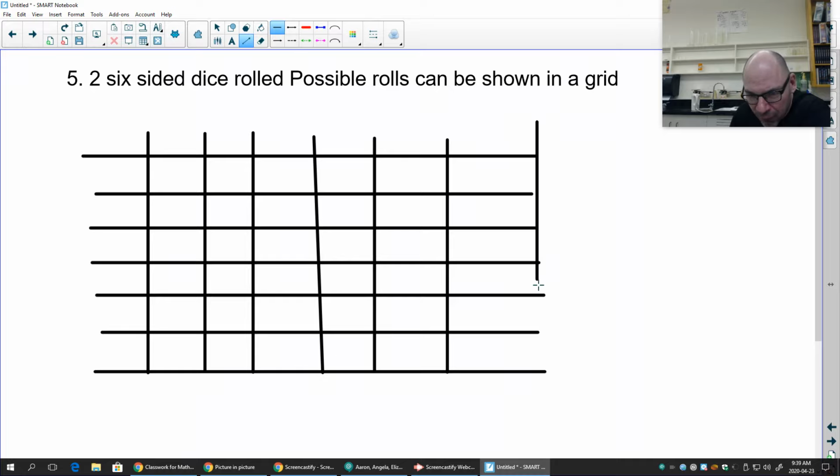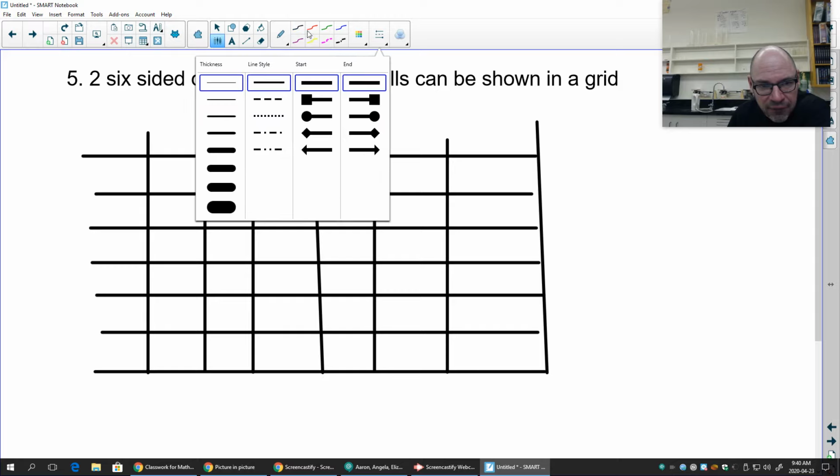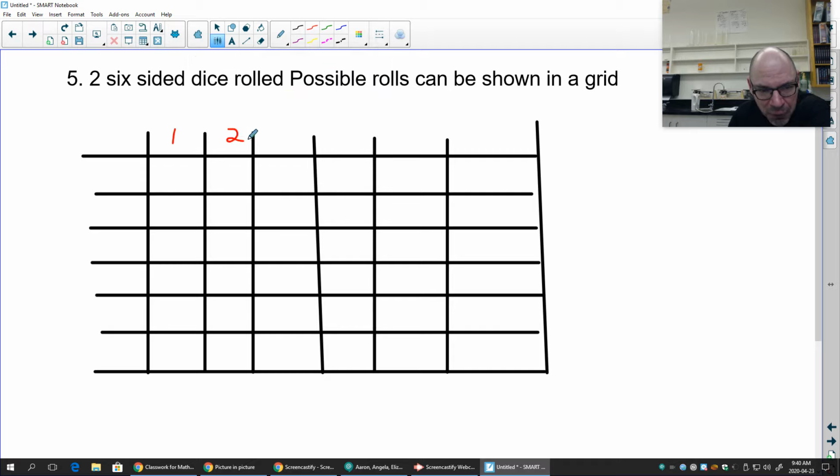So there's all my possible rolls. If we're doing totals on the die, let's do the first die in red. So you can get a 1, a 2, a 3, a 4, a 5, and a 6. Over here in the green die, you'd get a 1, 2, 3, 4, 5, and a 6.